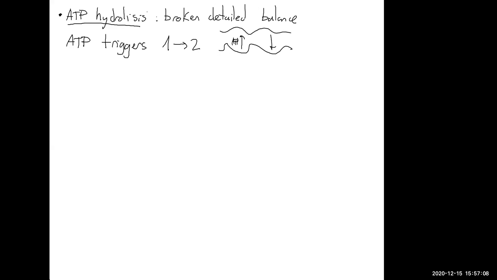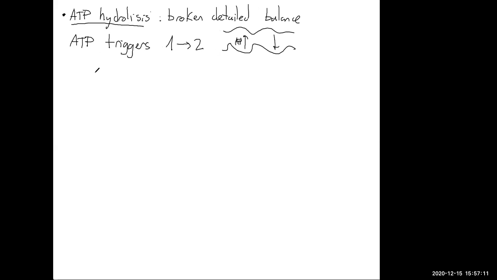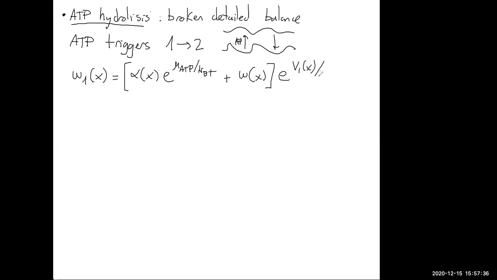The way this is modeled is as follows. You take as this rate, the detachment rate, you write it like this: alpha x e to the mu ATP divided by kBT, plus omega x, and then you put the potential, e to the V1x over kBT. This is one way of doing it. There are many ways.